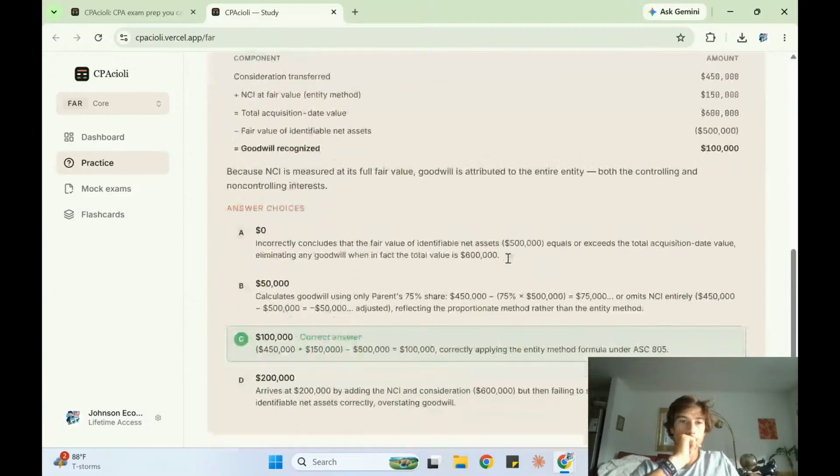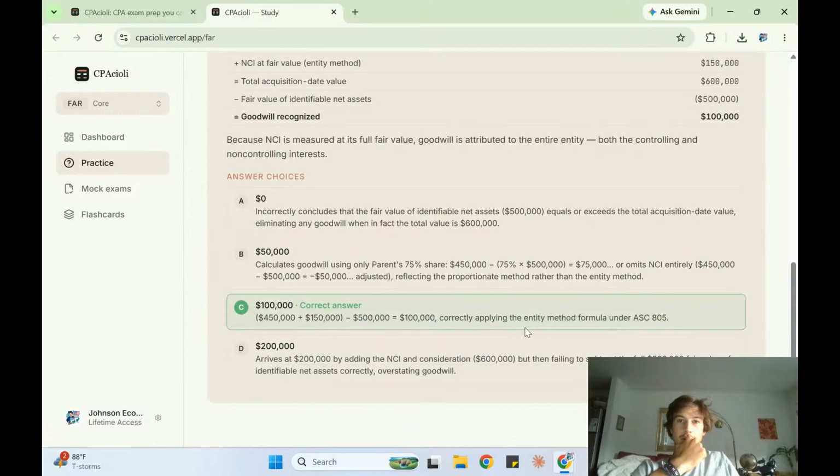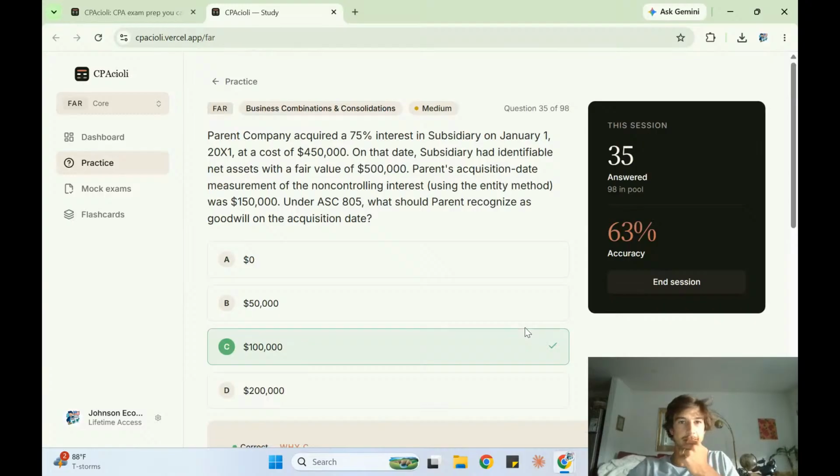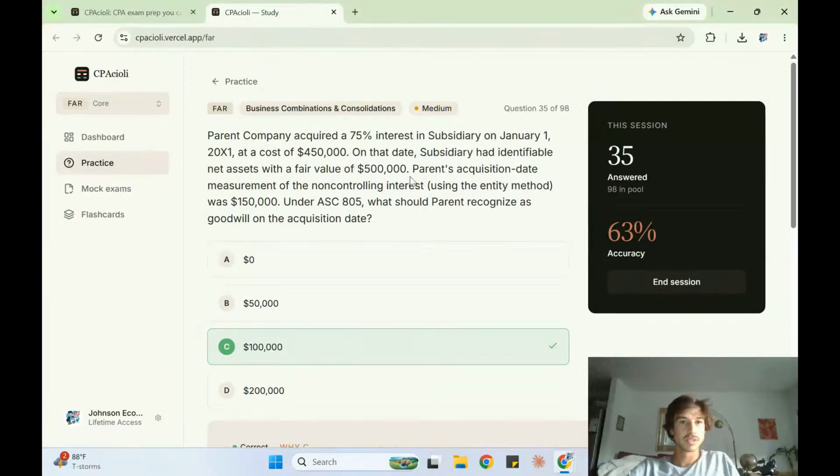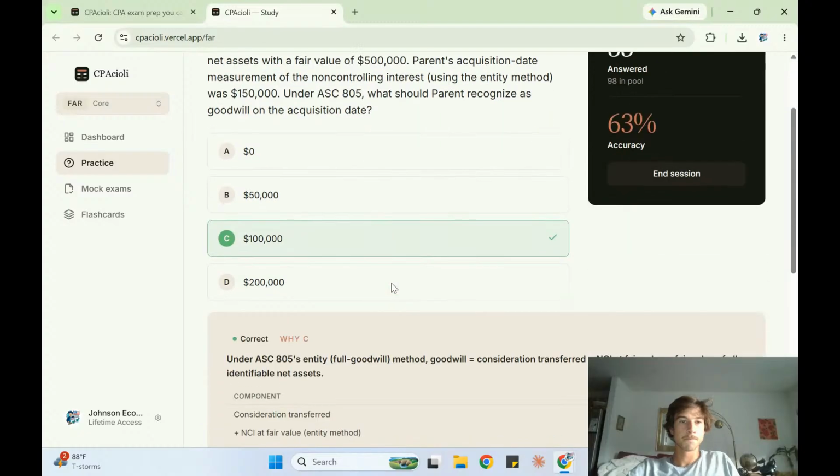This is just for the full goodwill method, also known as the entity method. Using the entity method, yeah. Cool.